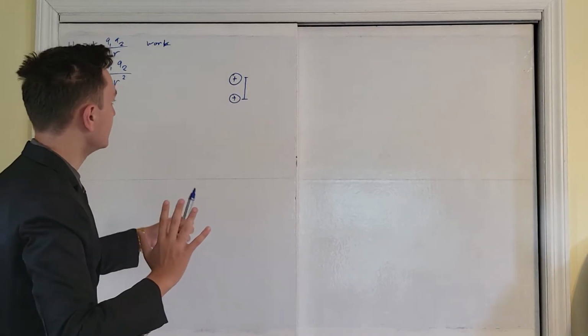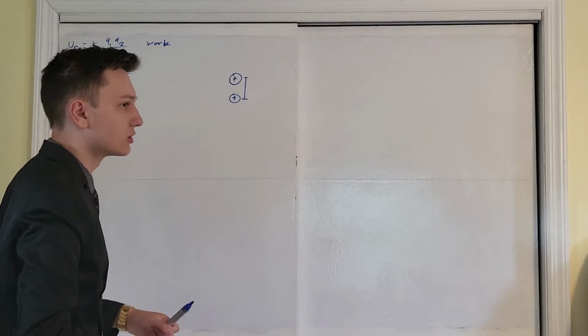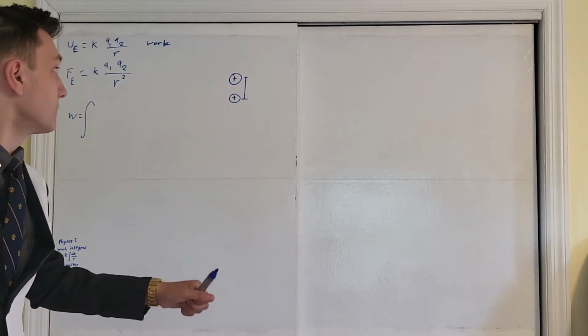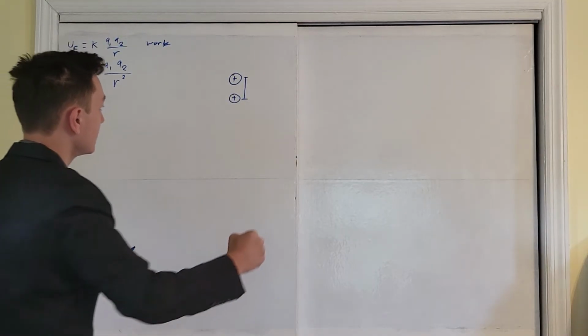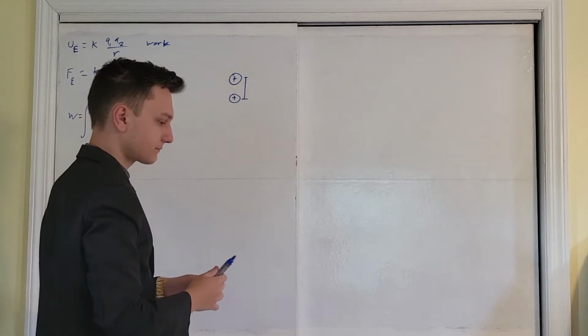How much work would I need to do against the repulsive force if I wanted to bring this point charge in from an infinite distance away so that it is at this radius?